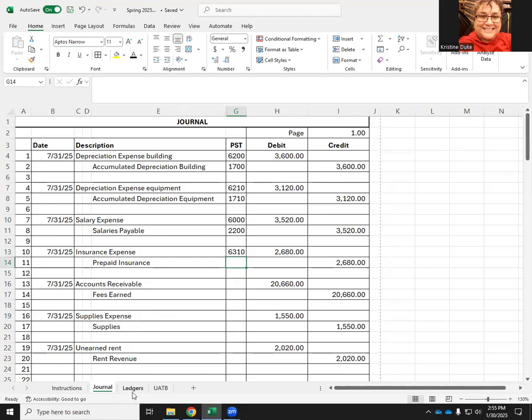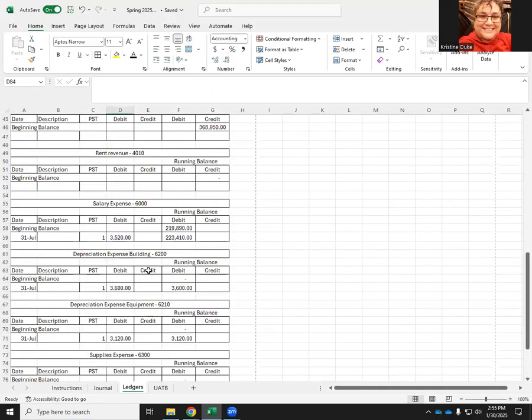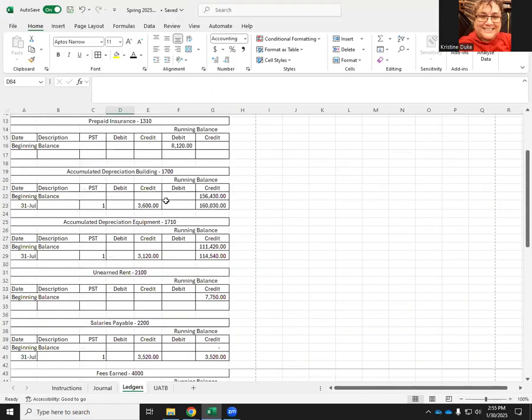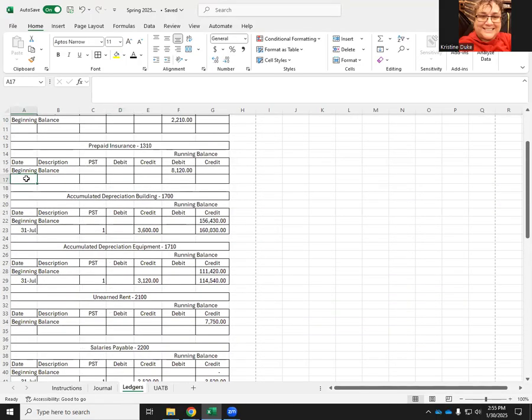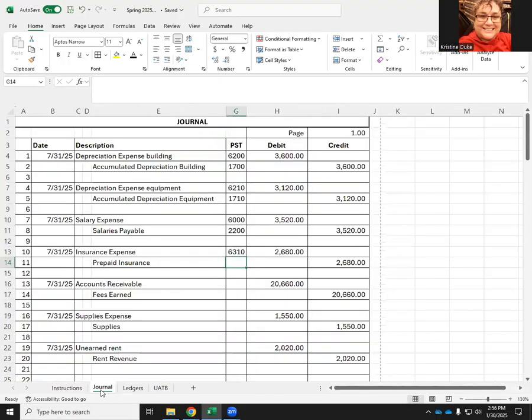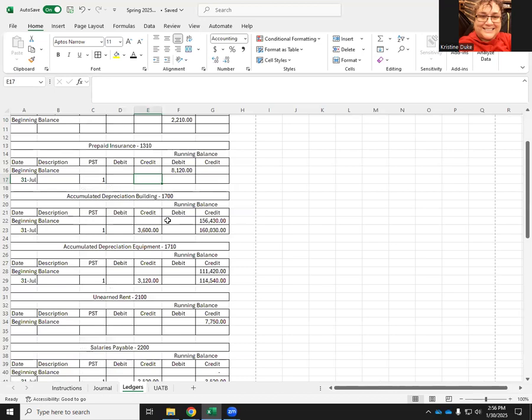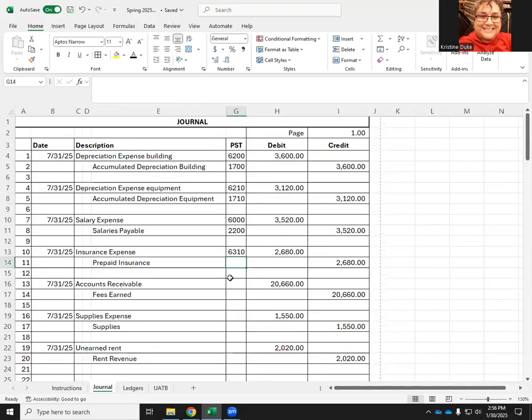My prepaid insurance. Okay. Let's get that one. That one's way up here. It's an asset. Post reference. And we're going to credit that because we need to, 2,680. Because what we're going to do is take this and minus that. That reflects what we truly have on hand. GL account is 1,310.